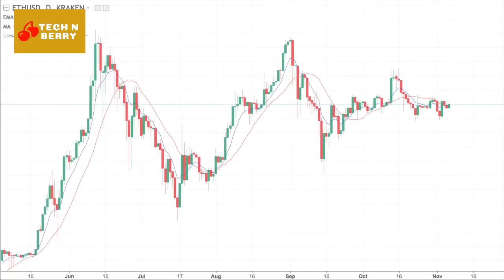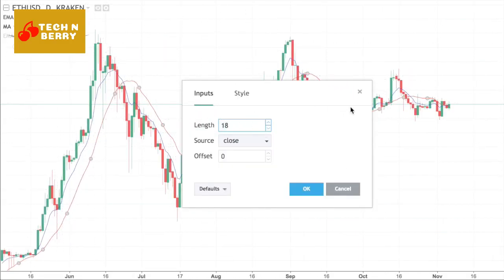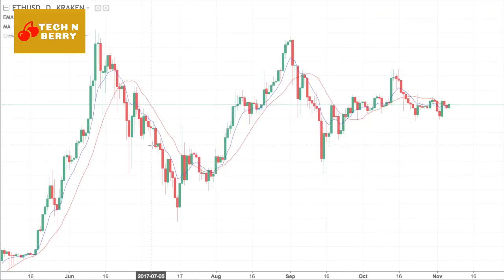Because this is a very short period, the length is 18 and the length is 8, there's less data applied to these moving averages, meaning they're much closer to the actual price action itself, so they act as very good levels of support and resistance on the daily and 4-hour time frame, potentially also below.